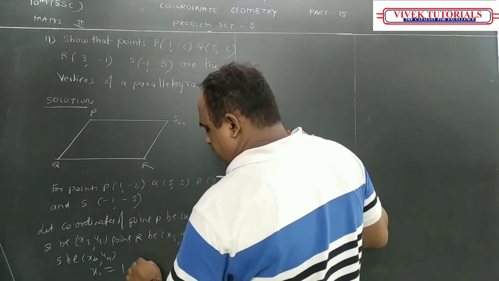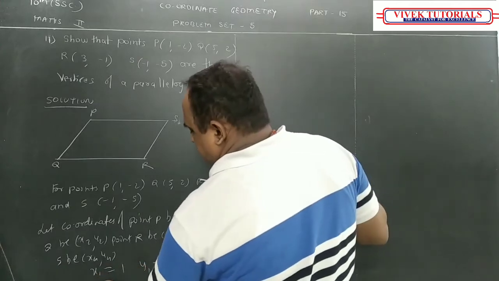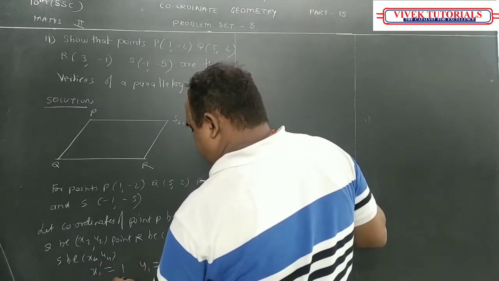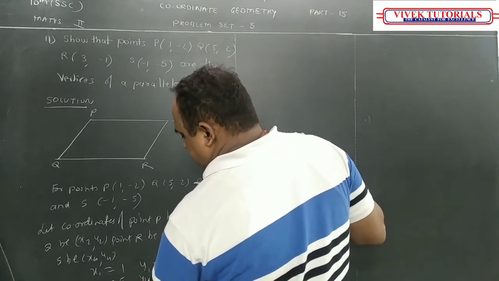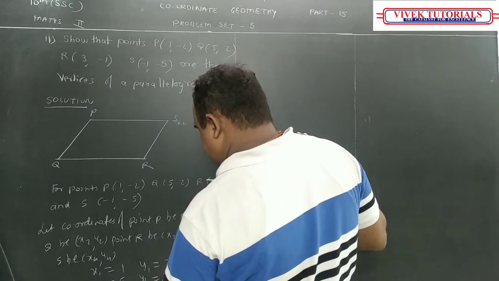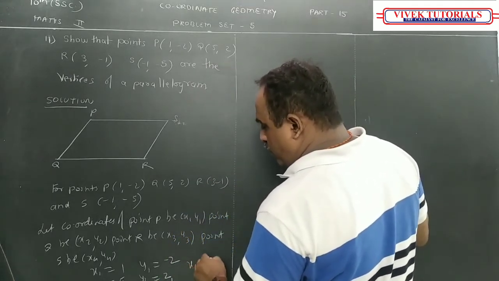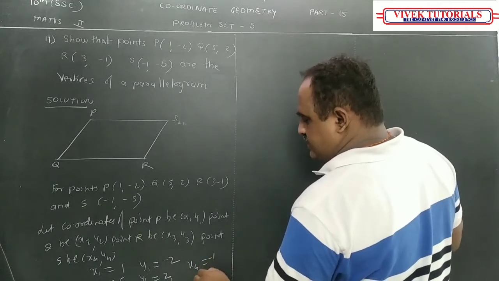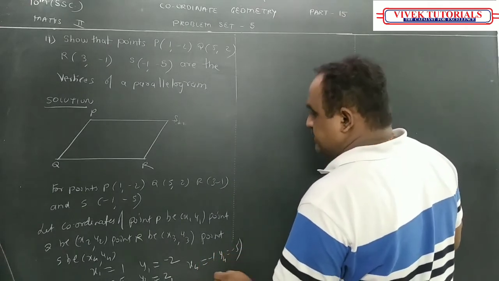So x1 is 1, y1 is minus 2, x2 is 5, y2 is 2, x3 is 3, y3 is minus 1, x4 is minus 1 and y4 is minus 5.